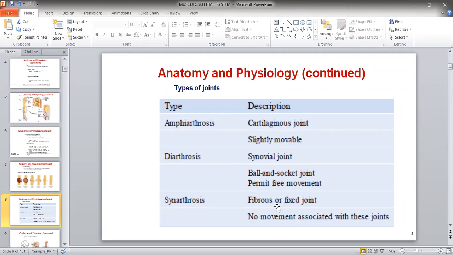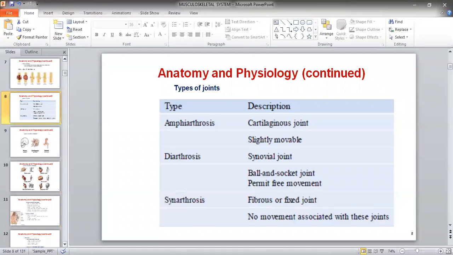The usually fixed joints are fibrous, and the ball and socket joint, which permits movement, contains the synovial fluid, and some are slightly movable, called cartilaginous joints.